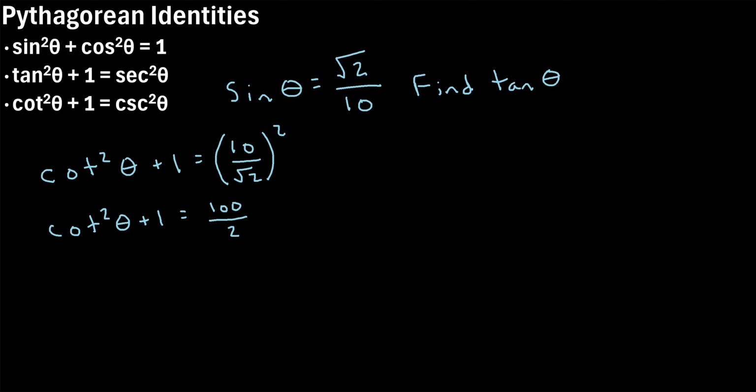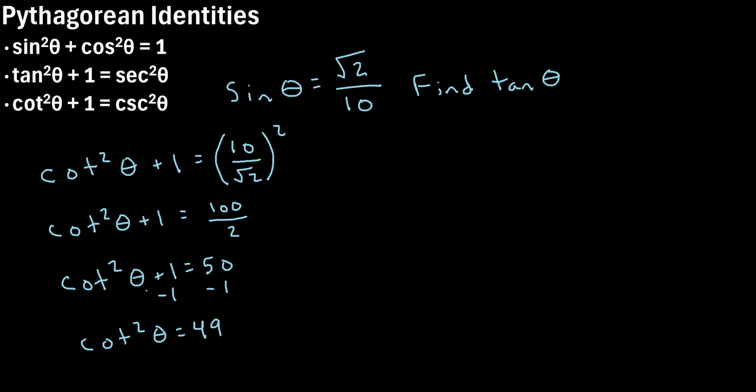So we have 100 over 2, which is 50. Let's rewrite this as cotangent squared of theta plus 1 is equal to 50. Solving for cotangent, we can subtract 1 from each side, and we're left with cotangent squared of theta is equal to 49.